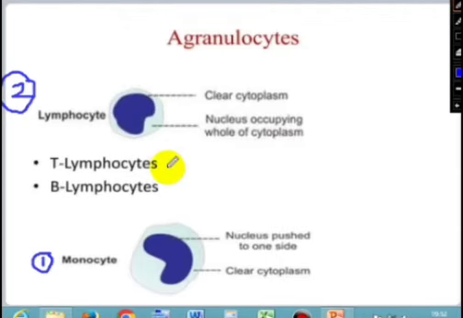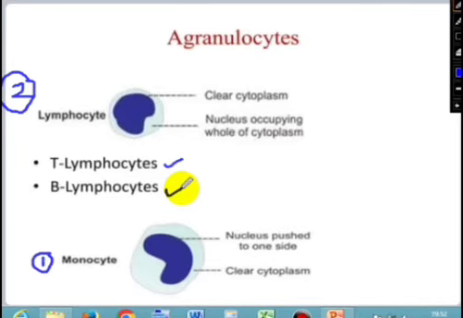The first one is known as T lymphocytes, and the second one is known as B lymphocytes. Number A, T lymphocytes. Number B, B lymphocytes.